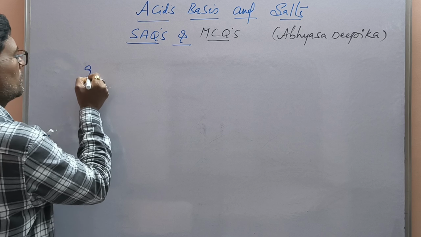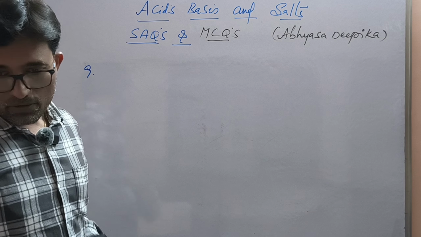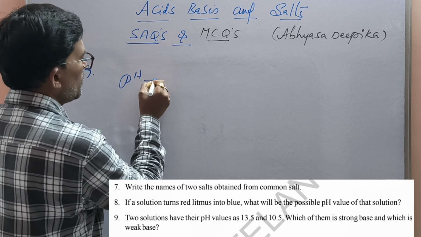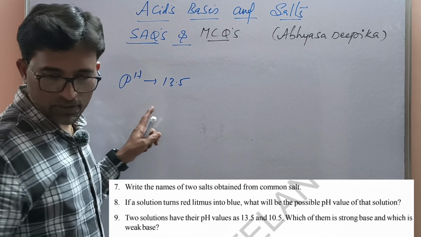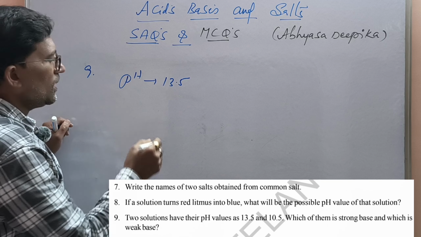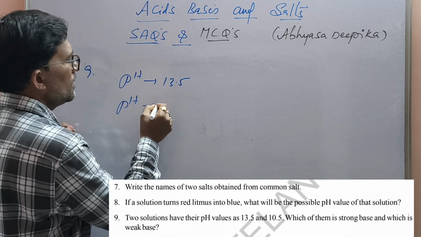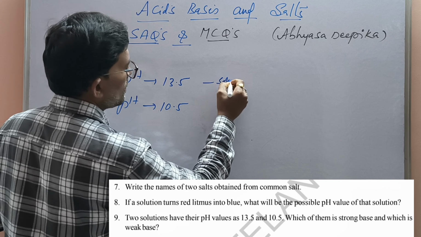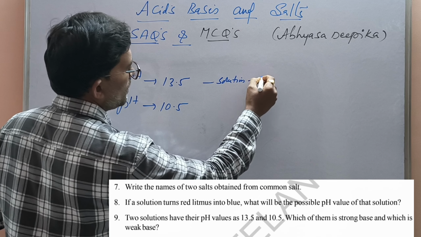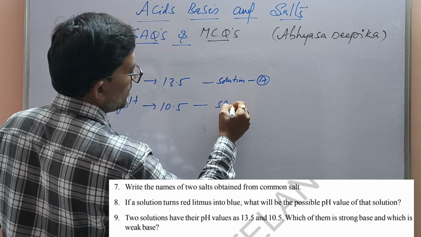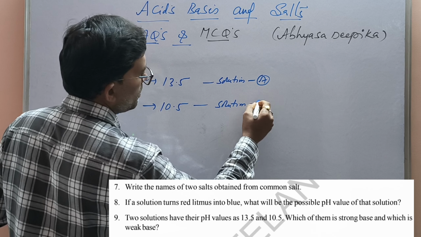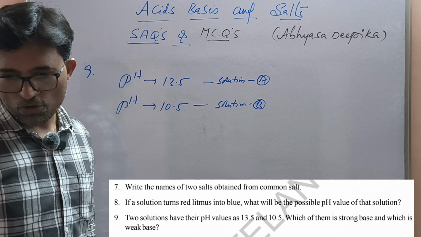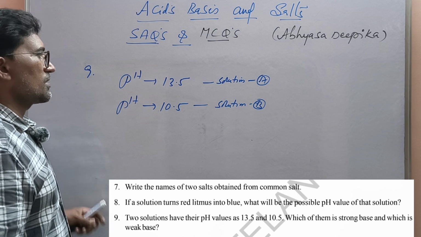Ninth question. Two solutions have pH values: the pH value of the first solution, solution A, is 13.5, and the pH value of the second solution, solution B, is 10.5. Which of them is a strong base and which is a weak base?